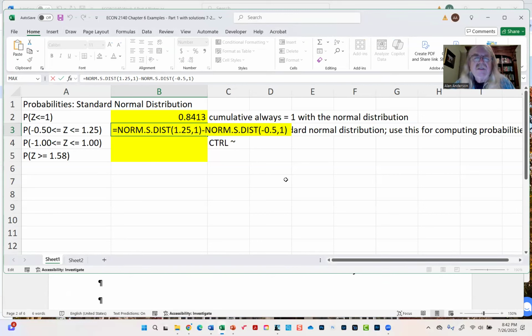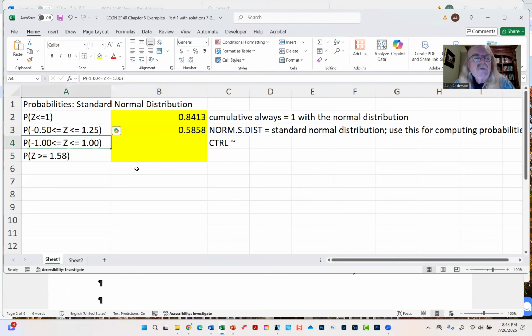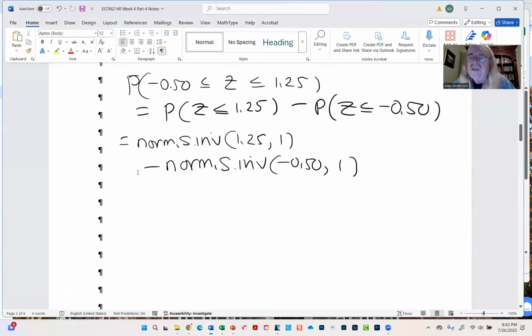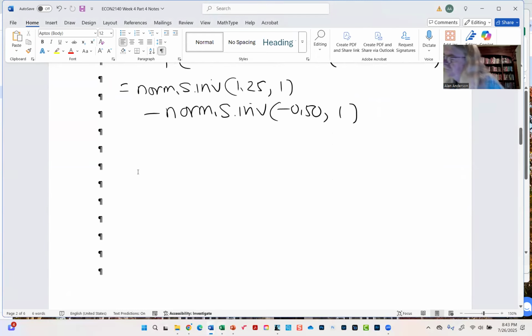Now, based on that logic, number three, you'll notice we're looking for the probability that z is between negative one and positive one. So we're going to take the exact same approach.